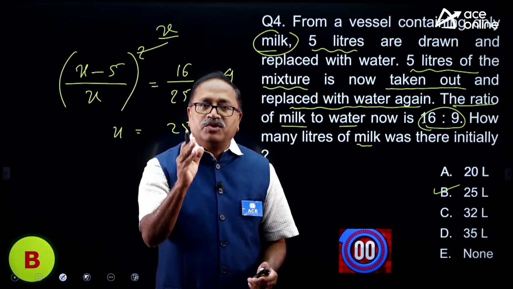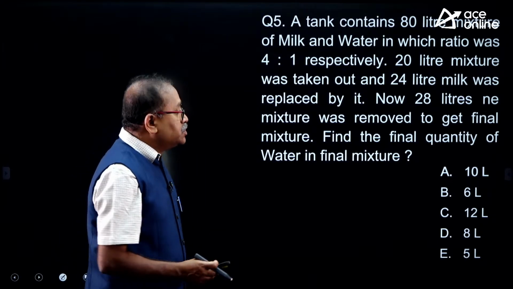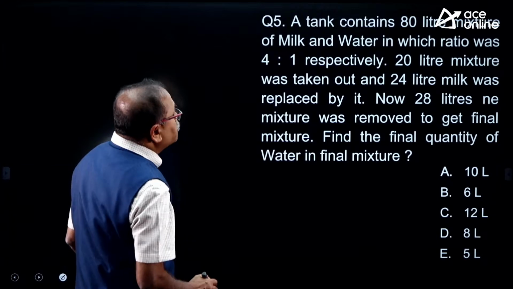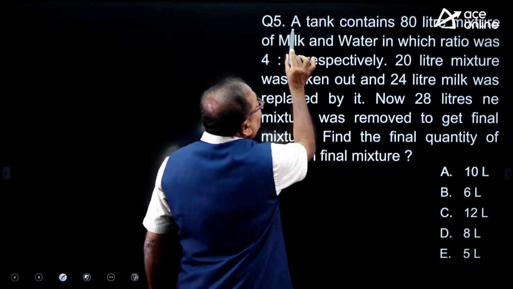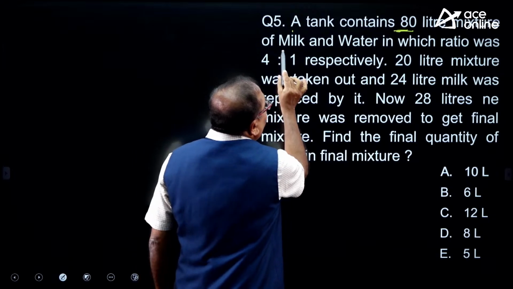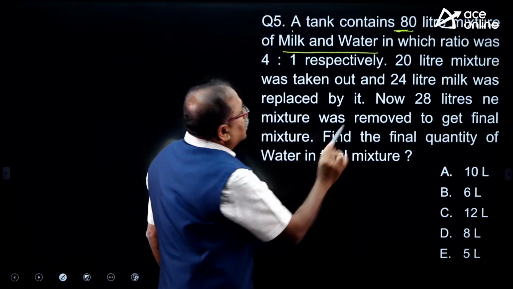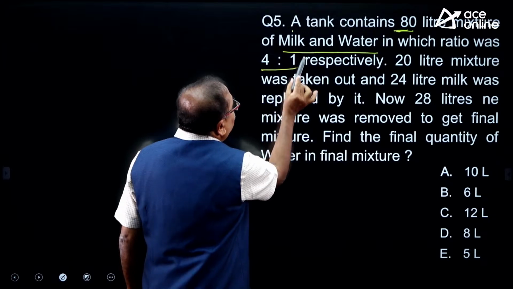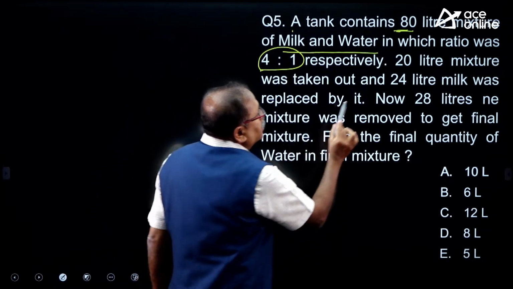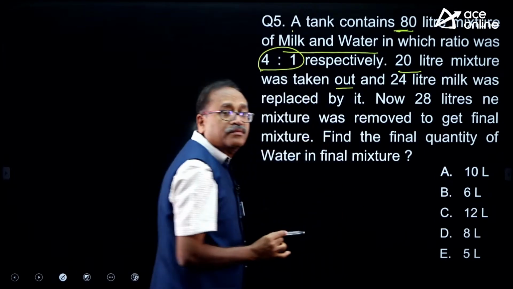The next question on the board is this. Look at this one, question number 5 over here. Now, this question you need to think a while. A tank contains 80 liter of mixture of milk and water. 80 liter is a mixture, and the ratio of milk and water is 4:1, milk to water. 20 liter of mixture was taken out.